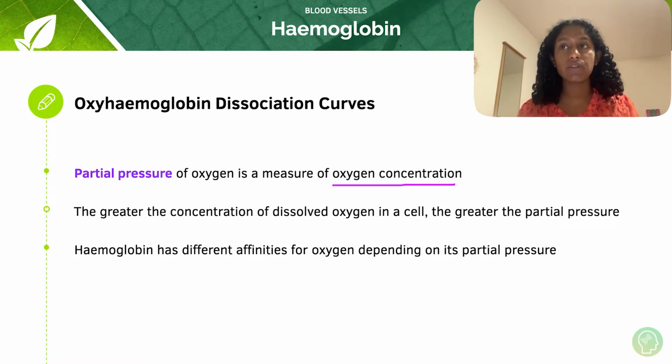Remember, respiration uses up oxygen, so the partial pressures of oxygen are lower in respiring tissues. In the alveoli, where the oxygen concentration is a lot higher, the partial pressure of oxygen is higher, and it's here that haemoglobin has a higher affinity for oxygen.